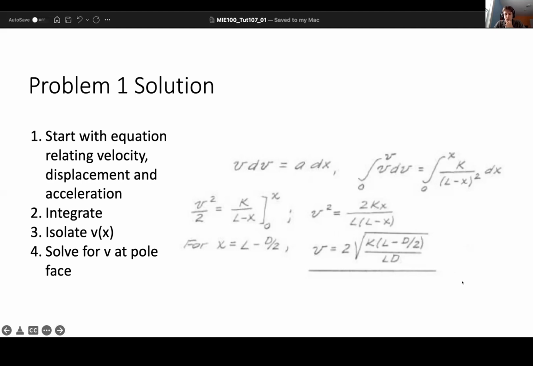Do you want me to cover the simplification? No, I think that's good. It's just arithmetic, right? Yeah, I think when you substitute x equals L minus d over 2 in the bottom, the 2 becomes a 4. There's a factor of 2, so they just brought the 2 out. Yeah, I think I see. Okay.